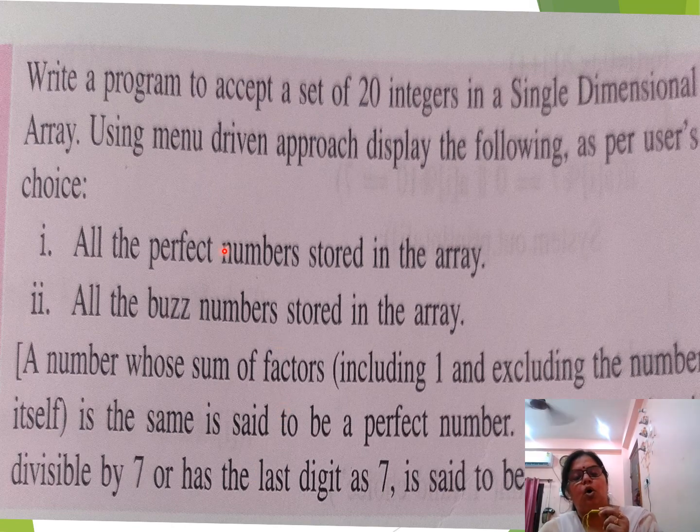So now you have to do this program using a single dimension array. This is a task for you all, you have to do this program in your registers. There is no solution of this program given here. You have to write this program on your own only.